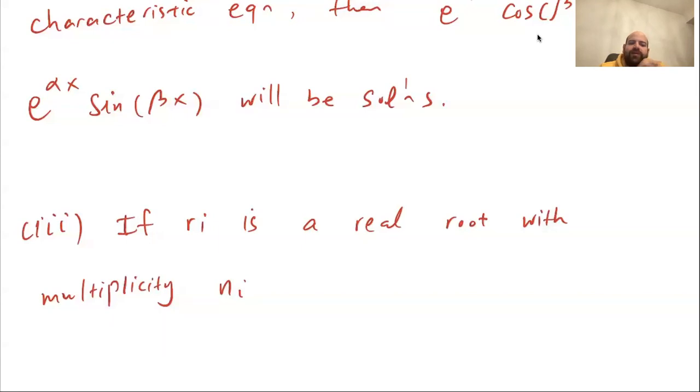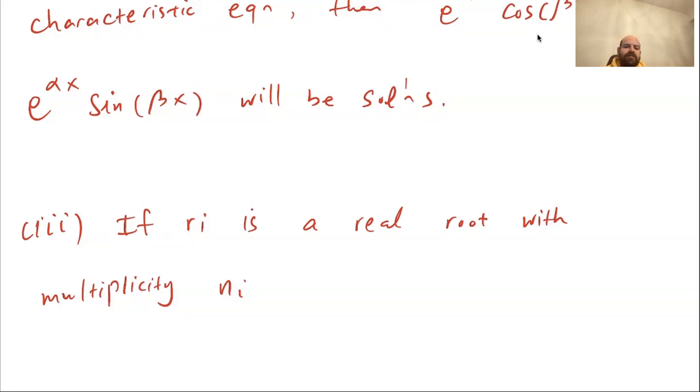For example, we saw if a root is repeated twice, let's say 2 and 2, then e to power 2x and x times e to power 2x were the solutions. Now if 2 is repeated 3 times, let's say 2 and 2 and 2 are the roots of the characteristic equation, then what will be the solutions for the ODE? e to power 2x, x e to power 2x, and the next one will be x squared e to power 2x. So we just need to raise the power of x by 1 each time.